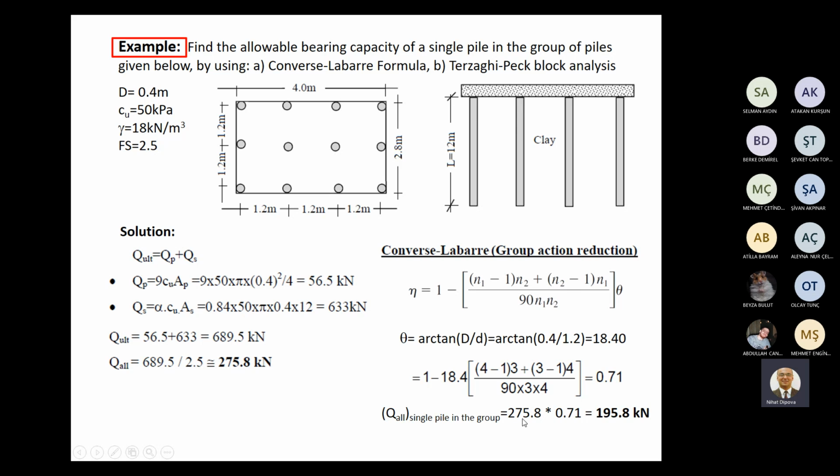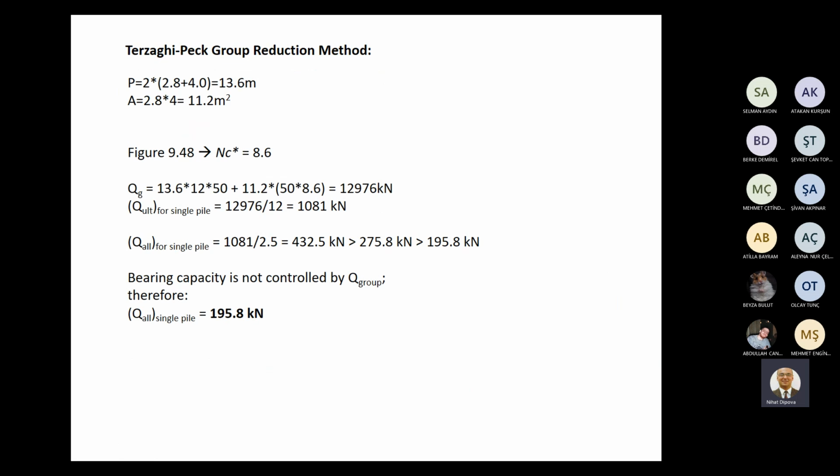This 275 comes from the allowable bearing capacity of piles. In the Terzaghi-Peck group reduction method, first of all, we have to determine perimeter and area, and we need the modified NC factor.